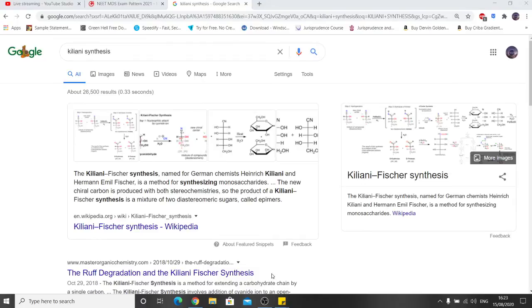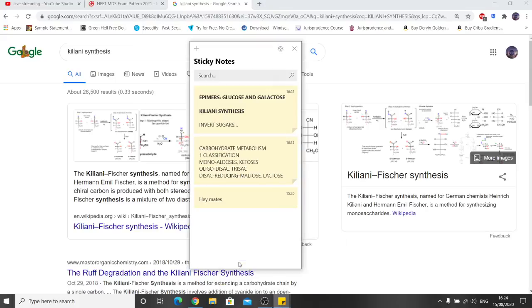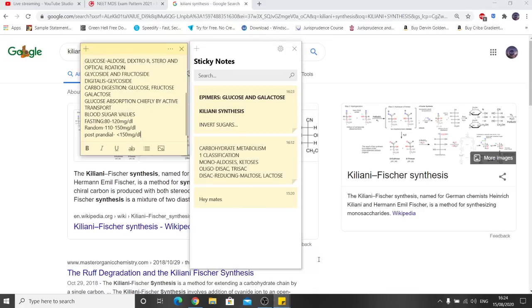Hypoglycemia, let's go to the sticky notes. Hypoglycemia, what does it say, is due to decreased blood sugar levels less than 65 mg per deciliter.